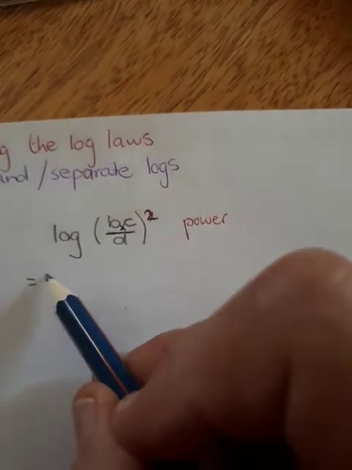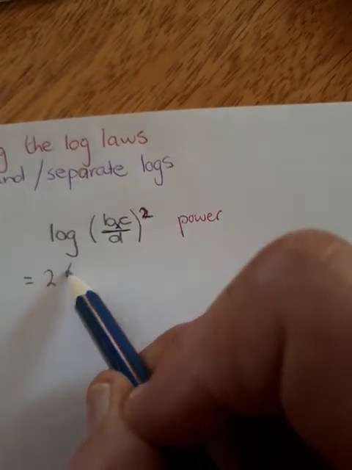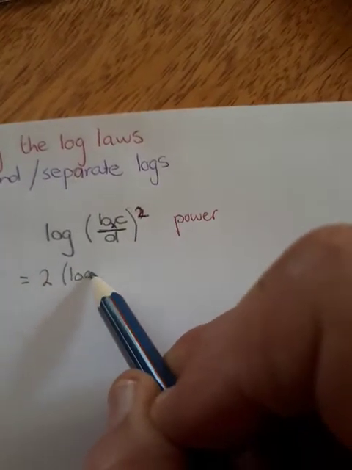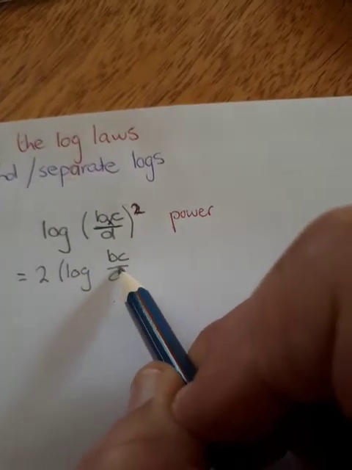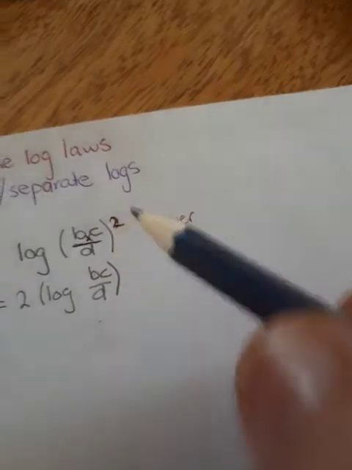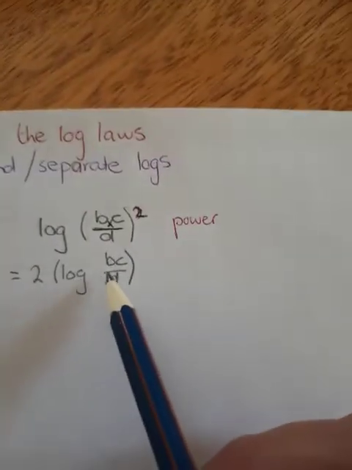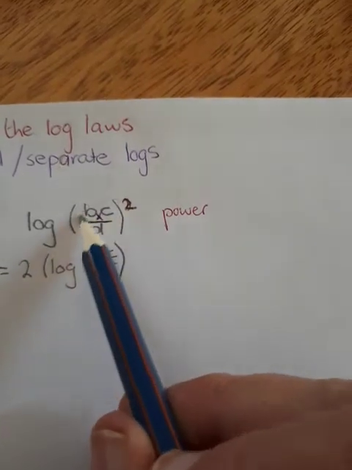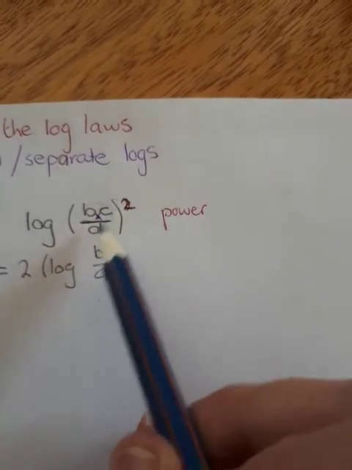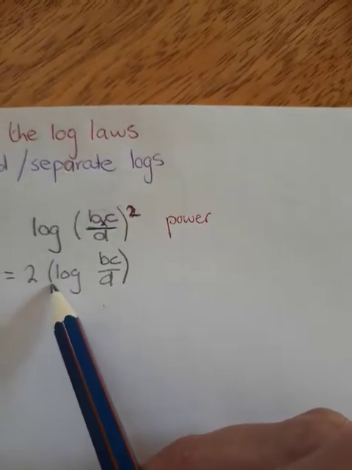So this becomes 2 log of BC over D. Now inside the brackets, remember this needs the square for all of these logs, so therefore I put the log into brackets.